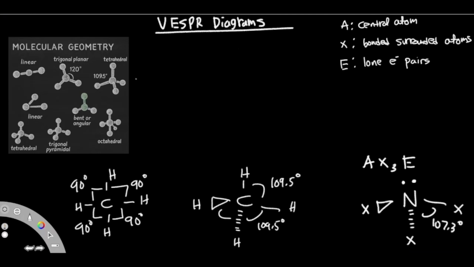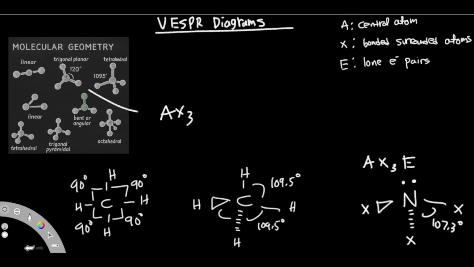Similarly, looking at this picture here, our tetrahedral, 109.5, but a trigonal planar, as we can see, there are how many segments? 1, 2, 3. So this one would be an AX3. And the way they're oriented, the bond angle is 120 degrees.